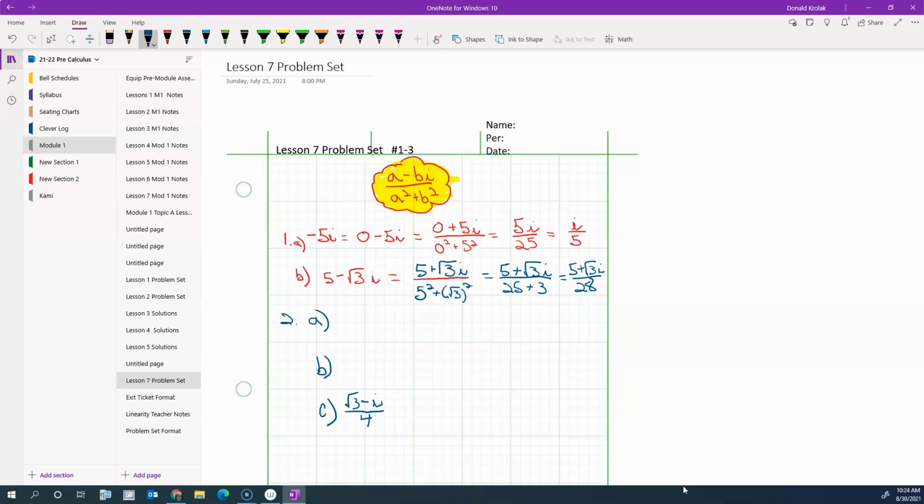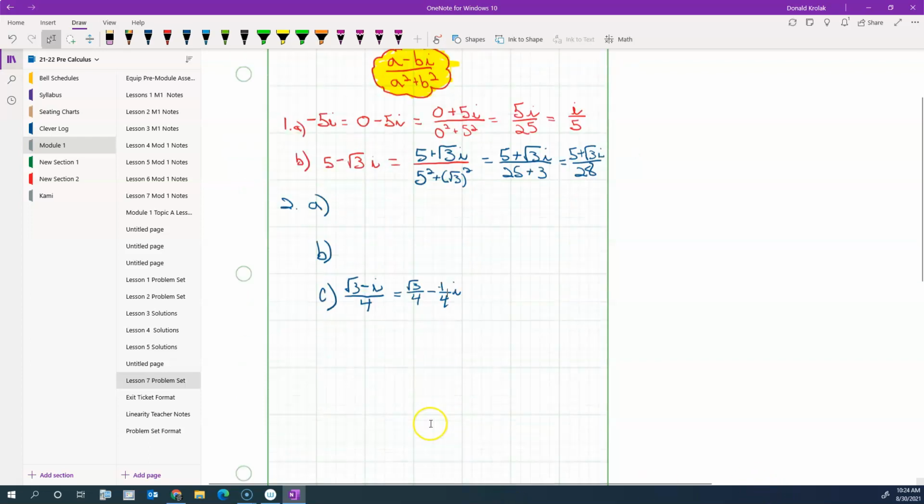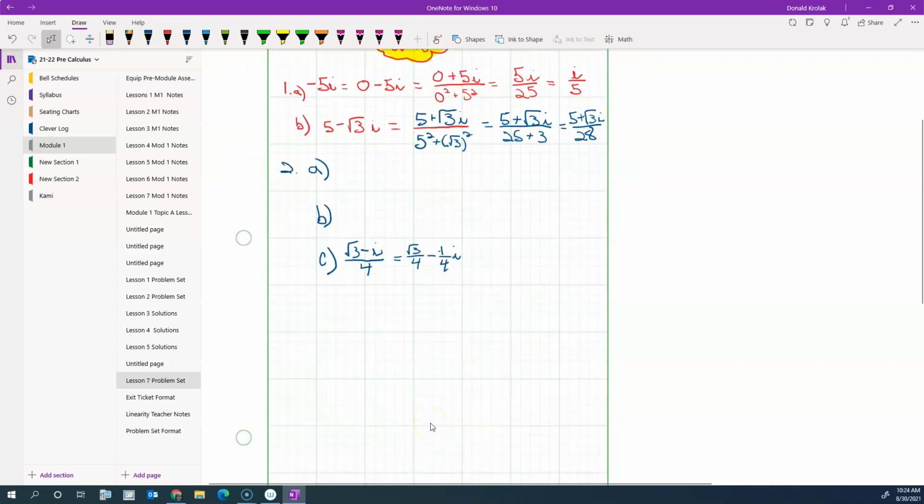Now, this, guys, would be the same as the square root of 3 over 4 minus 1/4 i. So now you have your A value and your B value. That's A, and that's B.